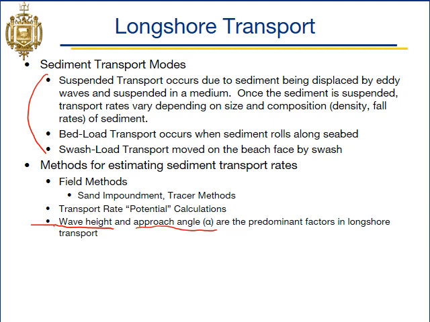If the waves are coming in pretty much perpendicular to the beach, so a very small alpha angle, then you wouldn't expect to see a lot of longshore transport. But the greater the angle alpha, the more the sand is going to move parallel to the beach face, so the more longshore transport that we're going to see.